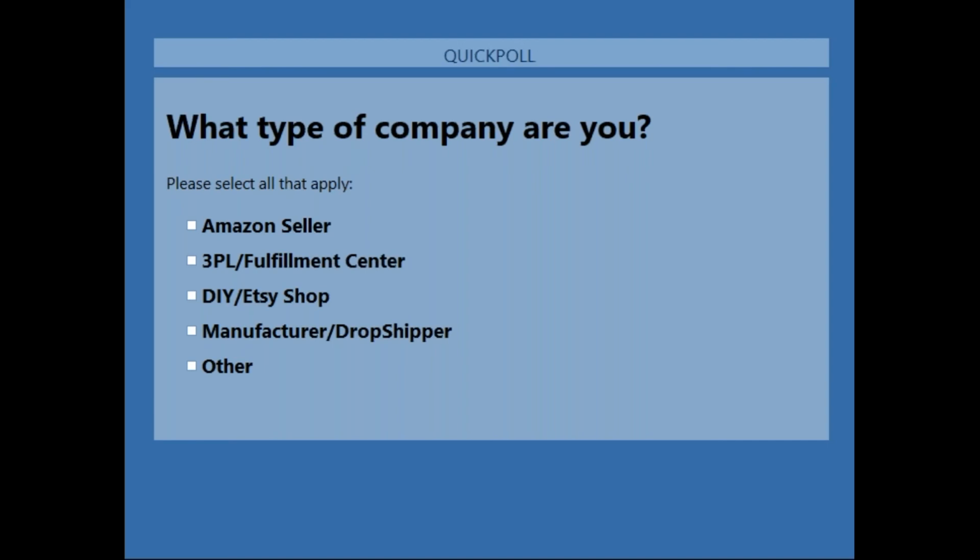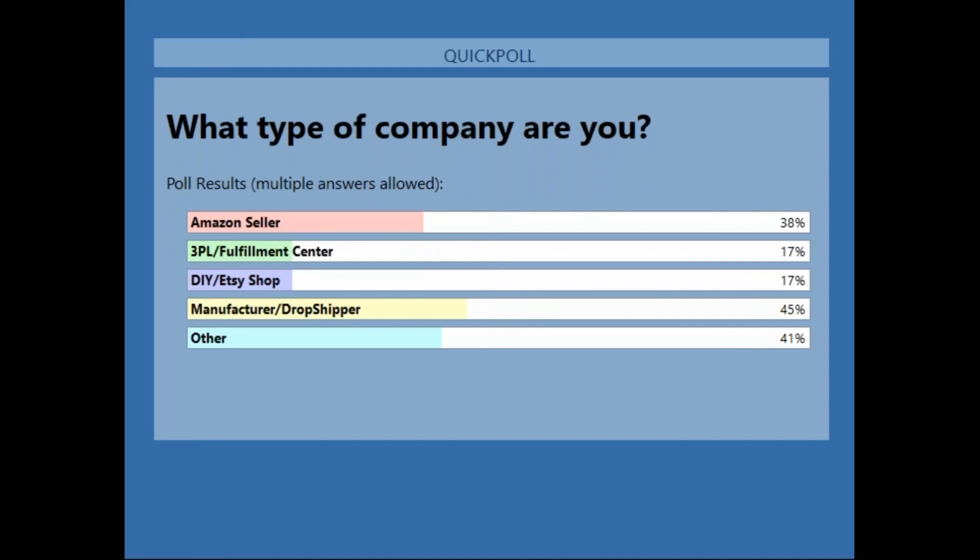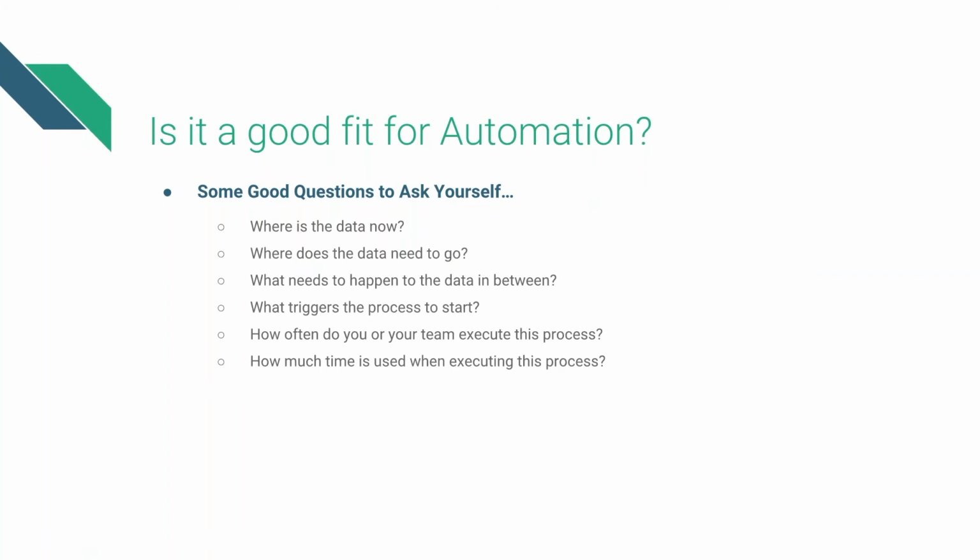It'll help us make a decision on what direction we take things. Okay, perfect. So looks like we've got quite a few Amazon sellers and several manufacturers or drop shippers on the line. If you did answer other, we'd love to hear about where you fit in the chat. Go ahead and hit up that second question that we had.